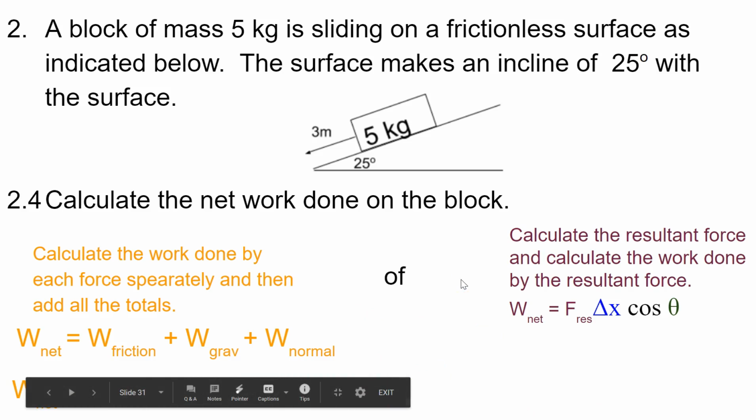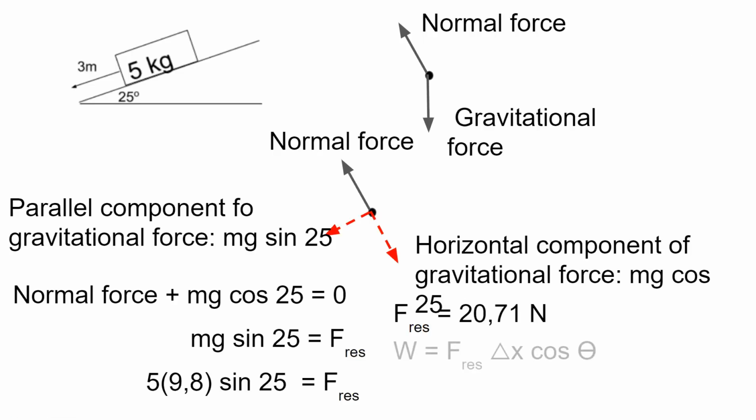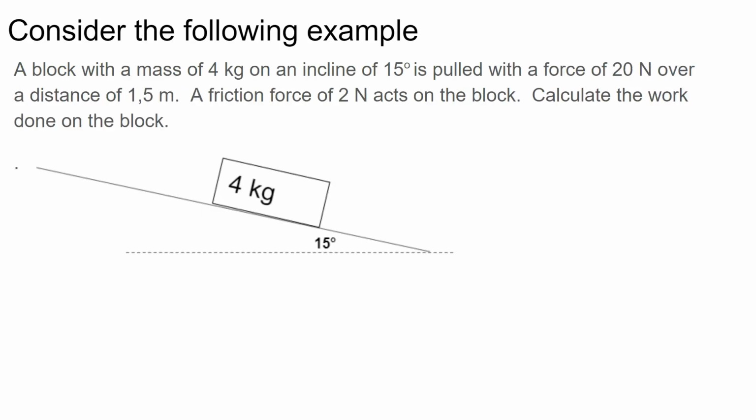Let me just wait for the black bar to disappear again so that you can see. There we go. In the calculation where I added up the amount of work done by each of the forces, I got 62.12 joule. And here where I calculated the resultant force, I also get 62.12 joule. So you can see that they will give you exactly the same answer. Let's have a look at another example.